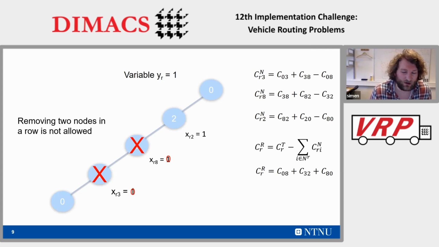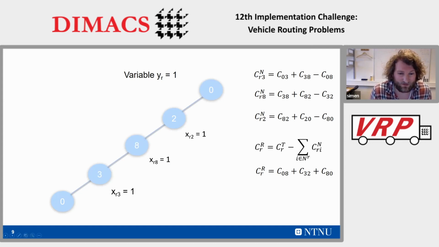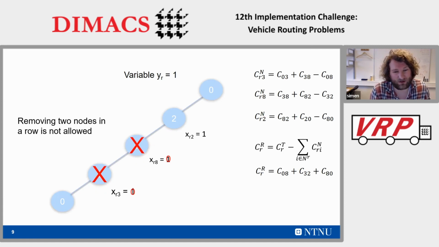So often, say you wanted to add this node 8 here, you just end up adding node 3 as well, because it's cheaper to go by node 3 and then to 8, even though you don't deliver anything. And then it's kind of a problem, because if you want to remove node 8, you probably wanted to remove node 3 as well. So that's kind of a problem for the split VRP here that we didn't think about.